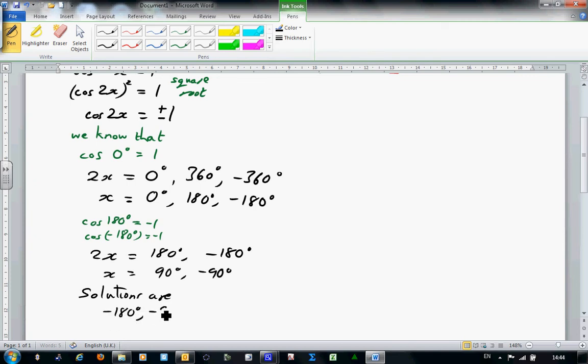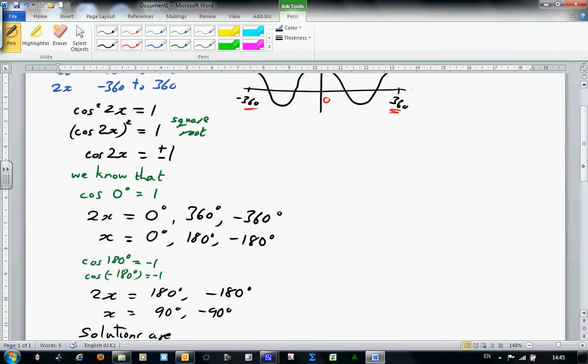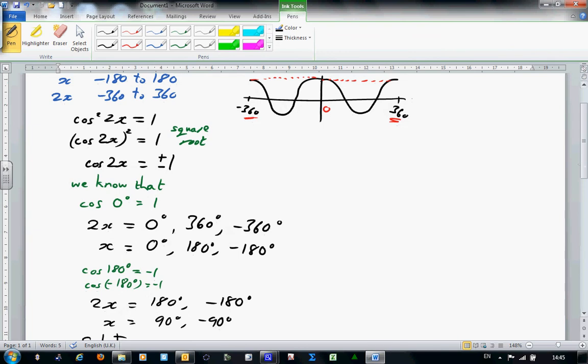Now clearly all of this can be done on the unit circle as well. So instead of having the graph up here, we would have the unit circle, and maybe we'd need to draw 2 of them, I don't know. Let's have a look. Cosine of 0 is 1. Let's put one over there.